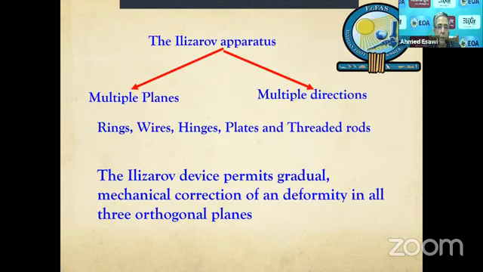As we know, the main principle of the Ilizarov apparatus is multiple planes and multiple directions. This is achieved by the presence of rings, wires, hinges, plates, threaded rods, and multiple or universal joints. Ilizarov permits gradual mechanical correction of deformity in all three orthogonal planes.